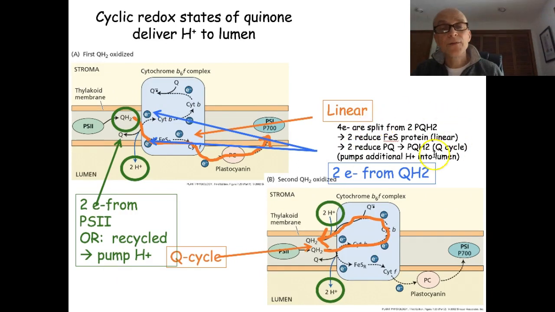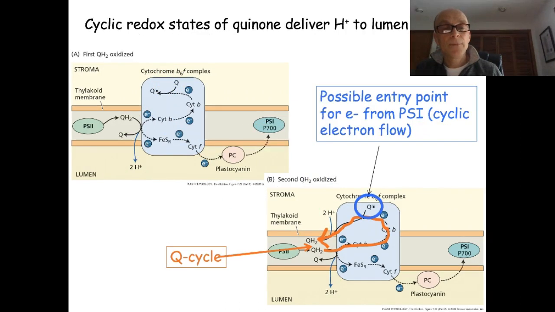So here's the summary formula for electrons as split from the 2 PQH2. Two of them reduce the iron-sulfur cluster here, that's in the linear pathway, or they reduce plastoquinone to plastohydroquinone in the Q cycle. That pumps additional hydrogen.